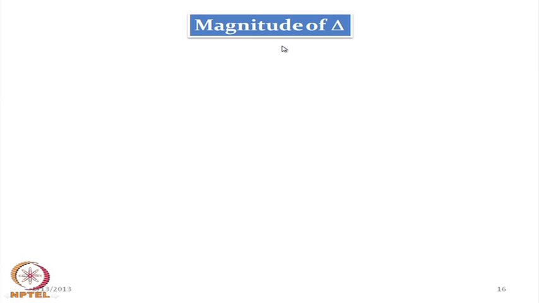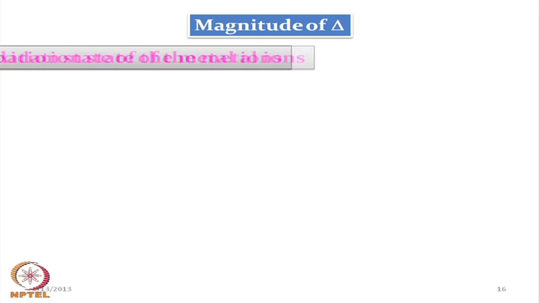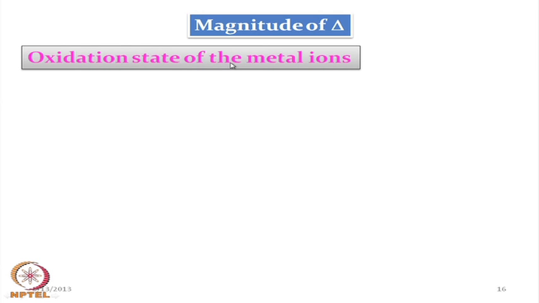Now we see the magnitude of delta, whether it is delta O for octahedral geometry or delta T for the tetrahedral geometry. It depends on the variation in the oxidation state of the metal ions.